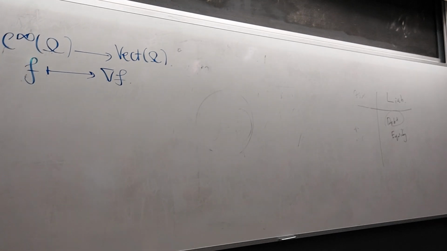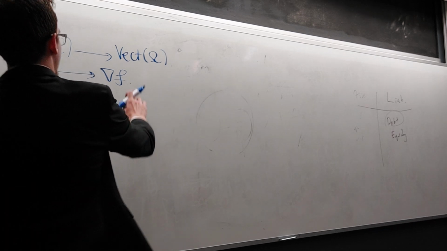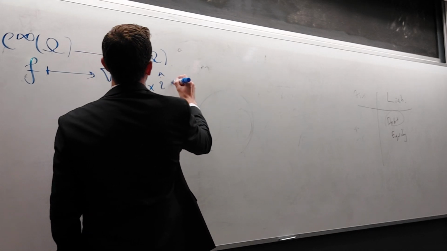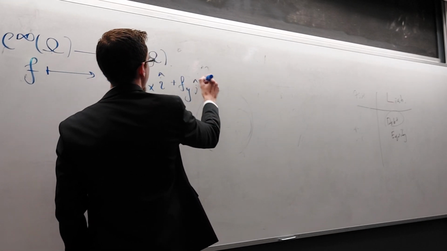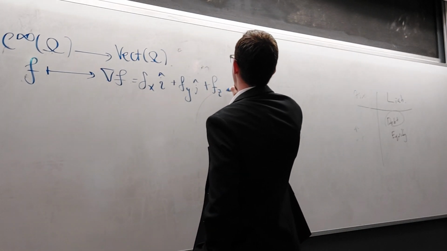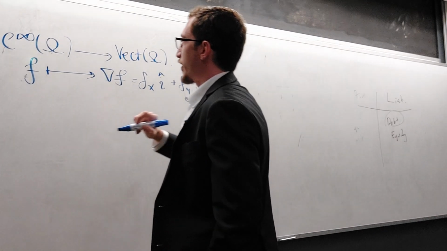What is the one form associated to nabla f? Exterior derivative. Recall by definition, this was f_x in the i-th direction, f_y in the j-th, and because you're not scared of 3 dimensions, we can also write f_z in the k-th direction.